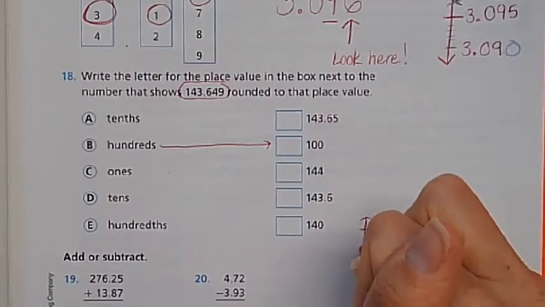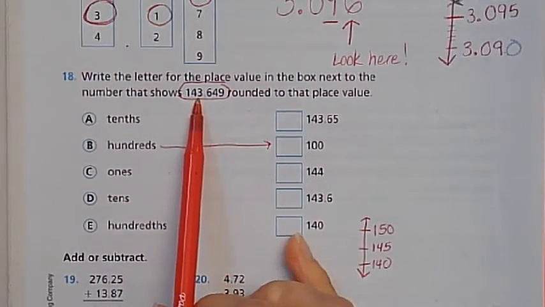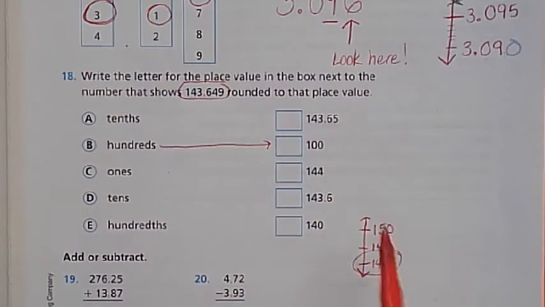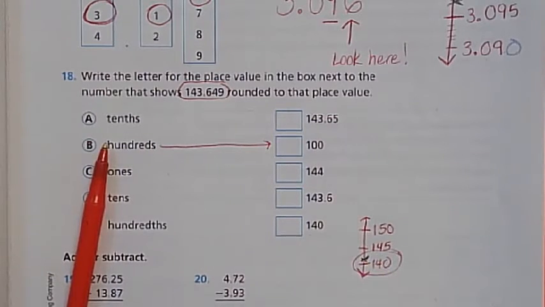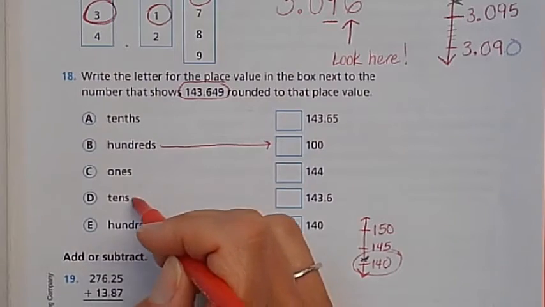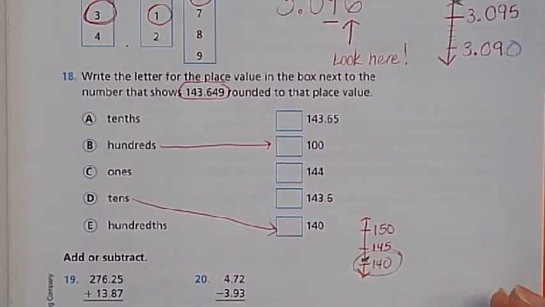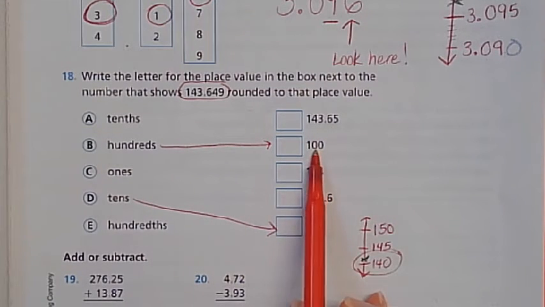In the middle would be 145, and I only had 143, so it would round down, right? Because it's somewhere down here. It didn't even make it to halfway. So I'm going to say 140 is definitely the tens. So those two are probably the easiest because I have rounding to the tens place, rounding to the hundreds.